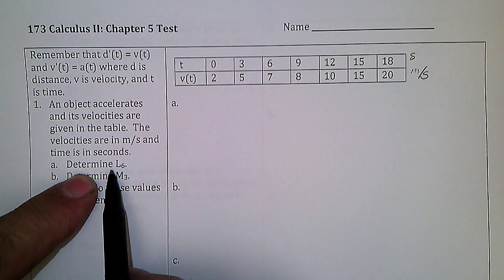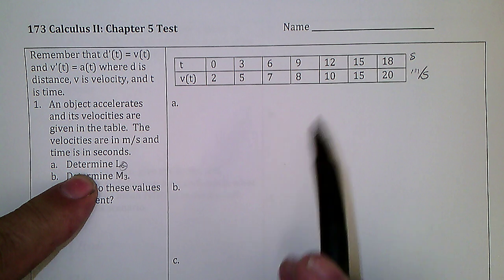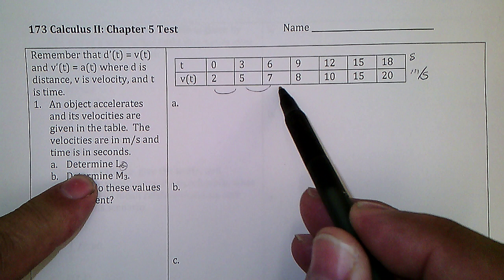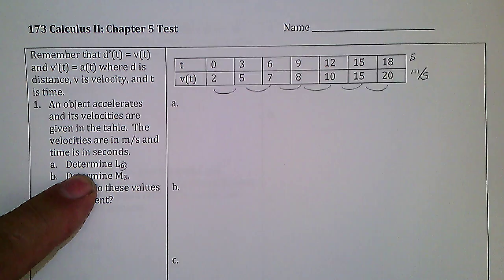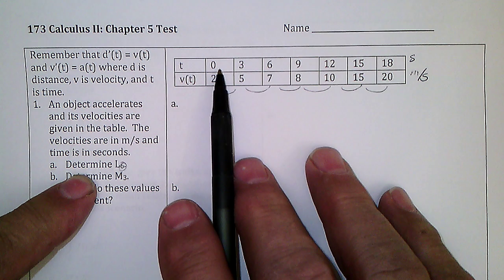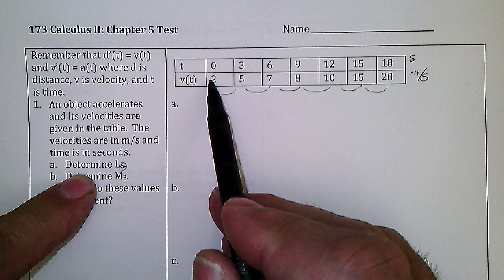Determine left 6. So you have to split it into 6 intervals: 1, 2, 3, 4, 5, 6. And we want to use the left side of each interval.